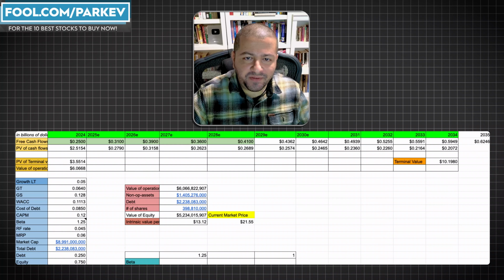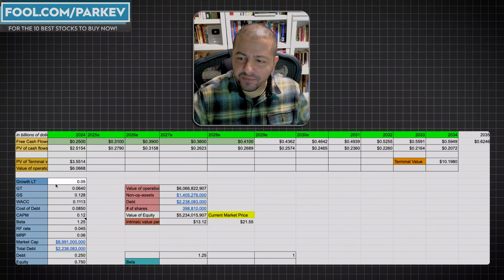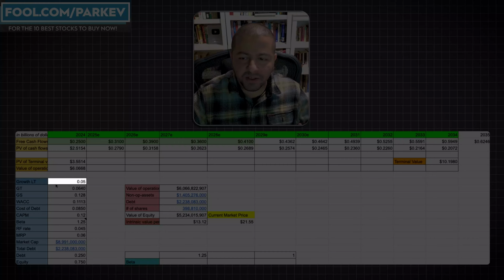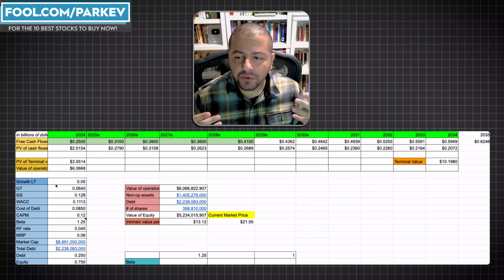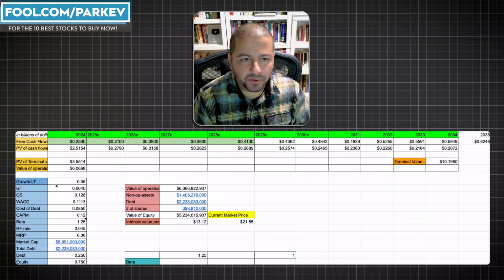From 2035 and beyond, I'm forecasting the company's free cash flow grows at a 5% rate from that year to infinity. And the reason I use 5% and not 3% is because I'm forecasting growth rates in free cash flow in nominal terms to be equal to the growth rate of developed economies worldwide.